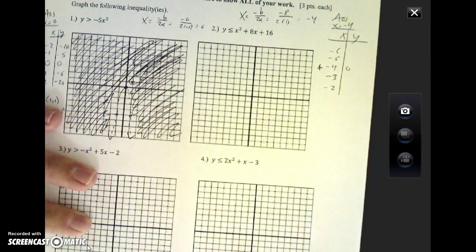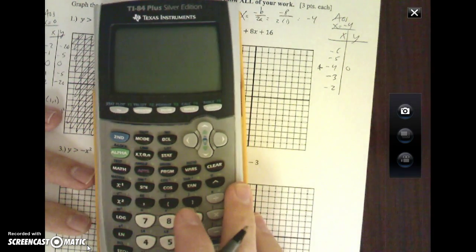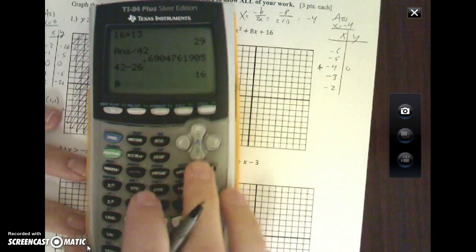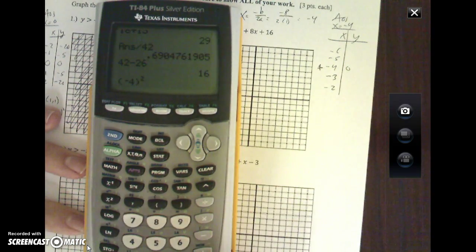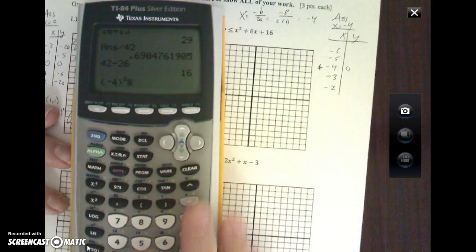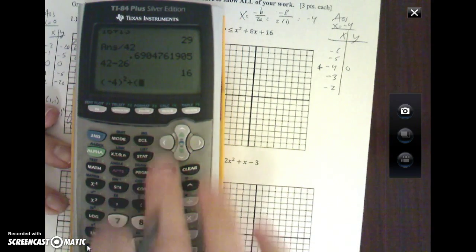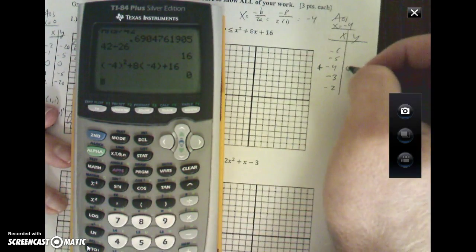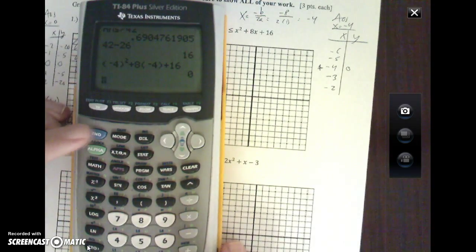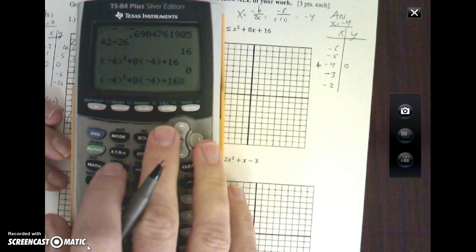If you guys want to see this on the calculator, let me show you a real quick way to do this. So, okay, I've got negative 4 squared, right, plus 8 times negative 4 plus 16. Okay, 0. And then if I hit second enter on the calculator, it brings up the last thing that was typed in.